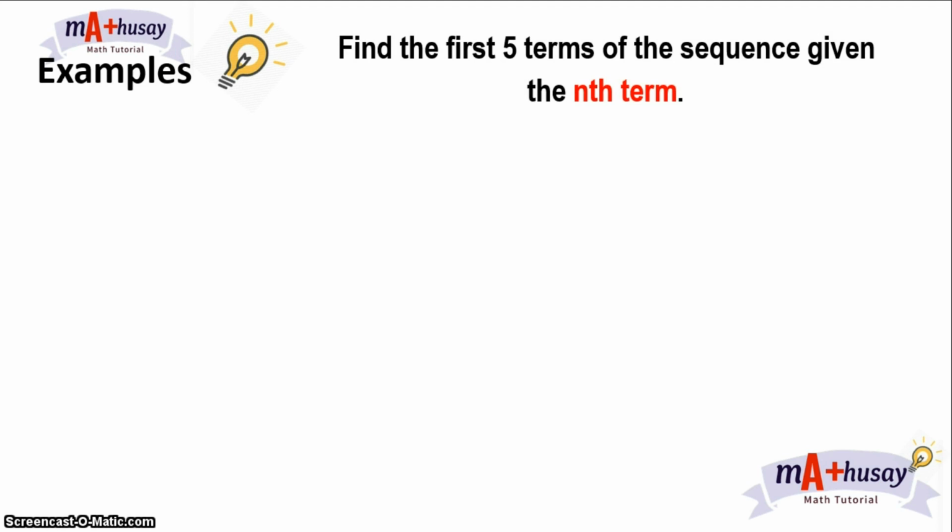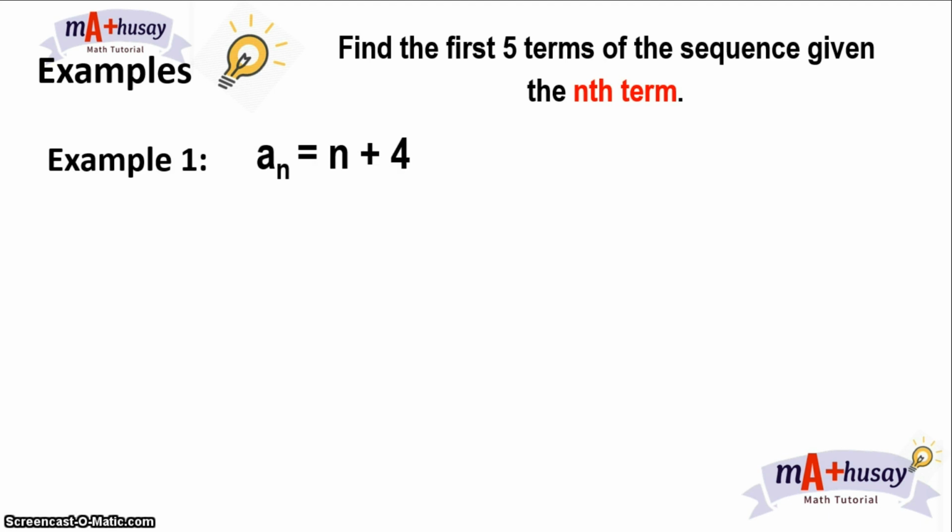Let's have these examples. Our goal is to find the first 5 terms of the sequence given the nth term or the general term. Example number 1. You have a sub n equals n plus 4.